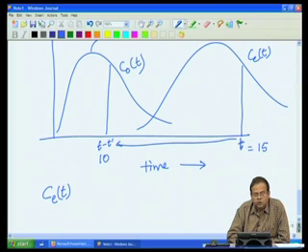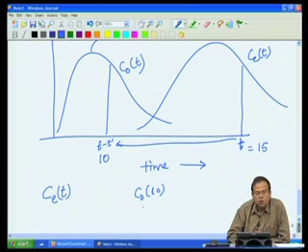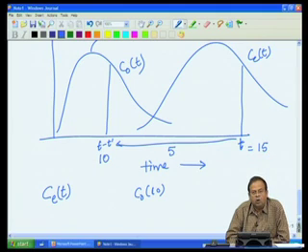So, what was put in at time t equal to 10 and which has the residence time, all those fluid elements which had residence time of 5 minutes.